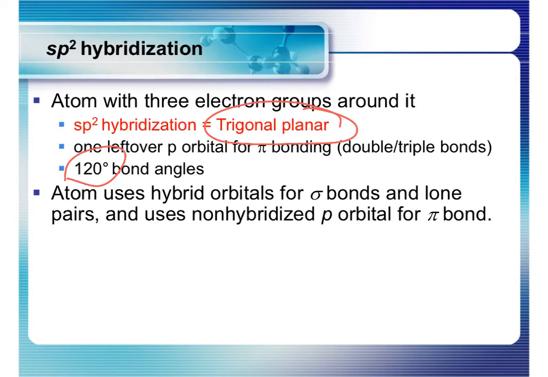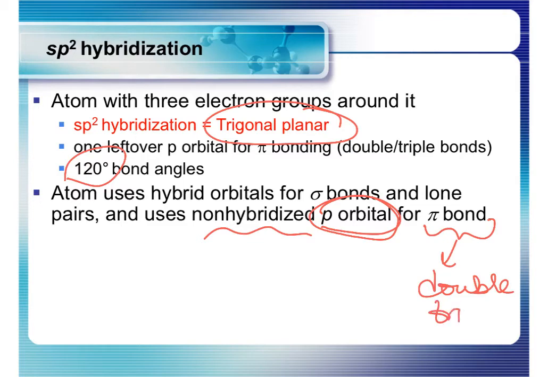Now, the leftover atomic p orbital that is not used for one of the electron domains, you'll see as we go along, remains unhybridized. It remains as an atomic p orbital, and it's used for what we call pi bonds. So if you remember, pi bonds are present in double and triple bonds.